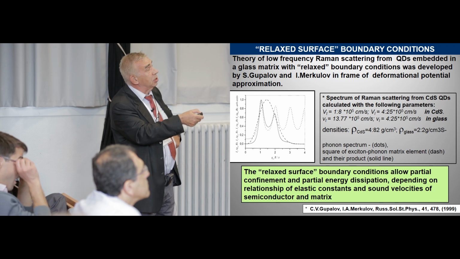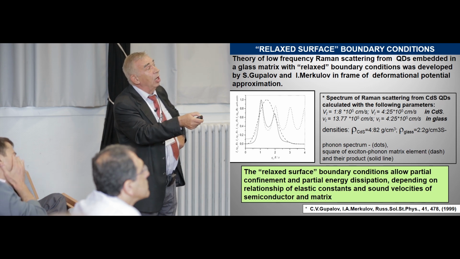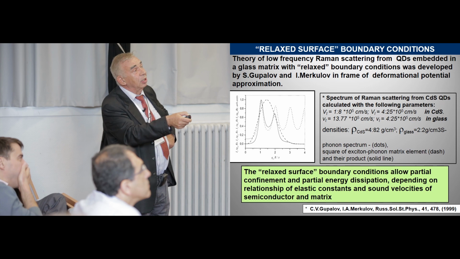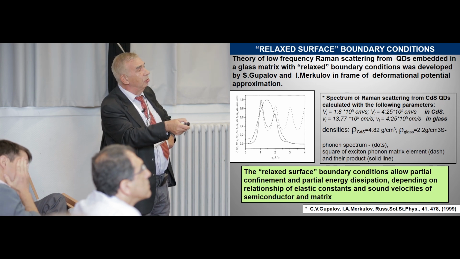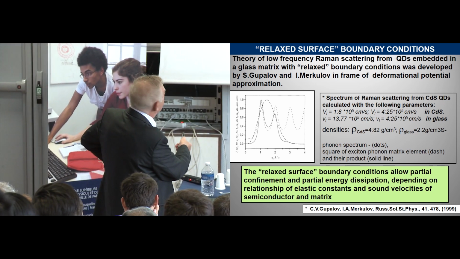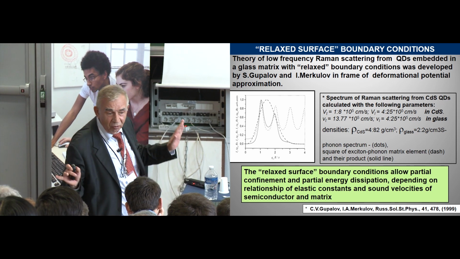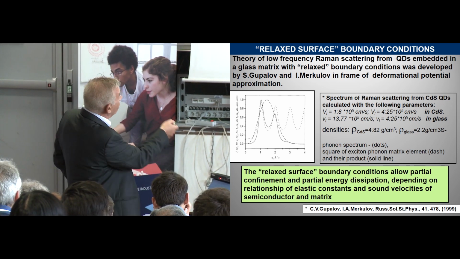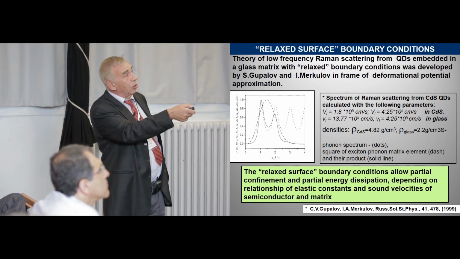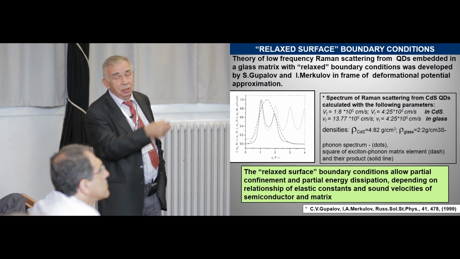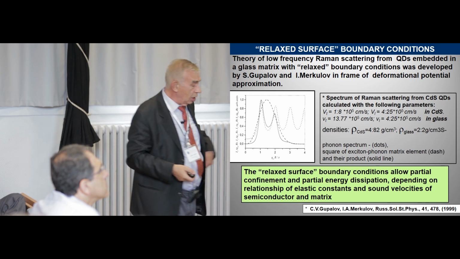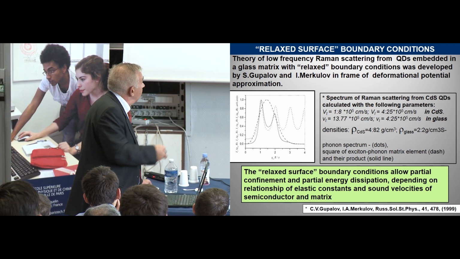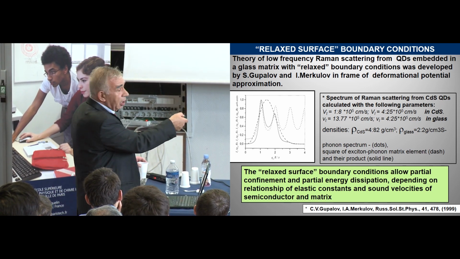This curve is just the calculated spectrum of cadmium selenide nanocrystals, normalized to the radius, so it is just a universal curve. Calculated for cadmium sulfide, so with the parameters of cadmium sulfide, transversal and longitudinal velocities, and densities of glass and cadmium sulfide.